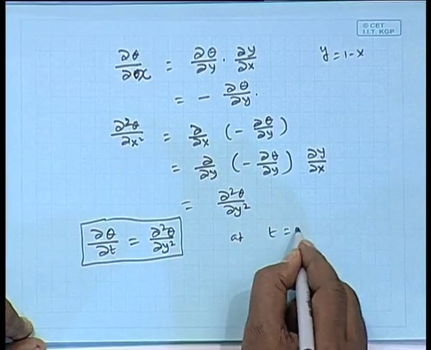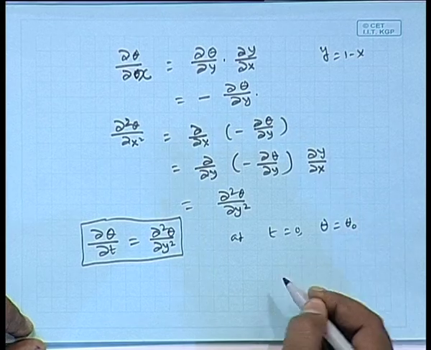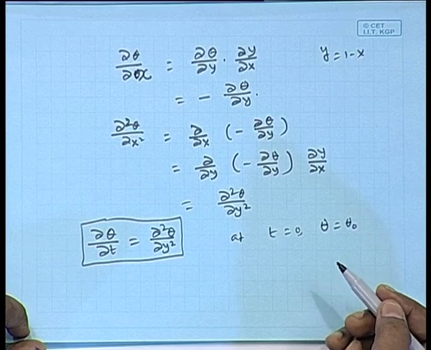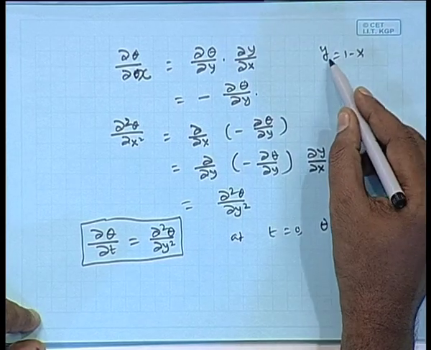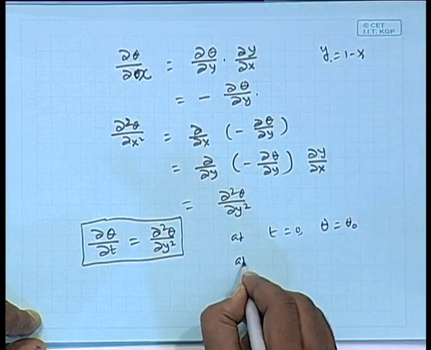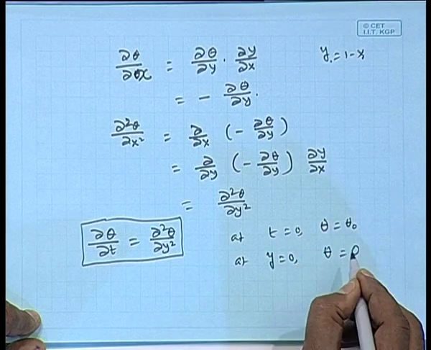At t equal to 0, theta remains as theta naught. Now, the boundary condition at x equal to 0 becomes the boundary condition at y equal to 1, because of this definition. X equal to 0 means y equal to 1 and x equal to 1 means y equal to 0. That means at y equal to 0, we have theta equal to 0.